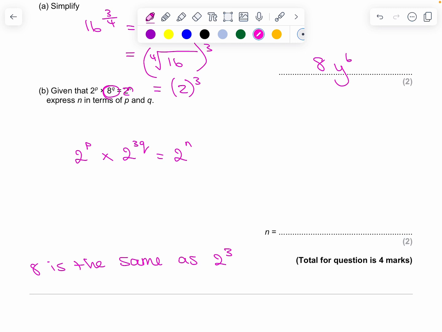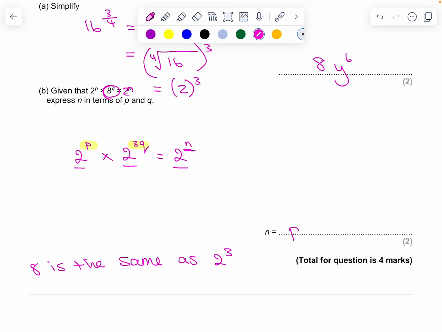Now, what do we know when we've got the same base? We know that to get whatever n is, we just have to add the indices because we're multiplying. So we're just going to add p plus 3q.